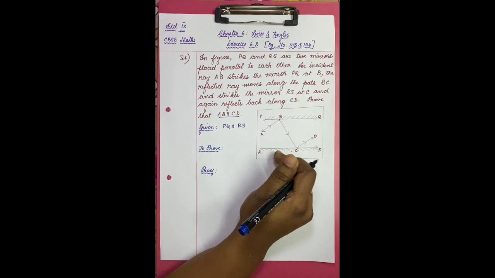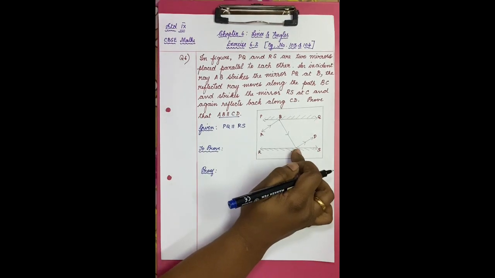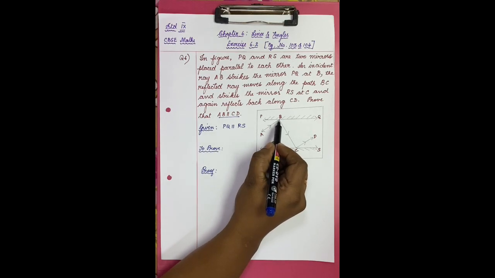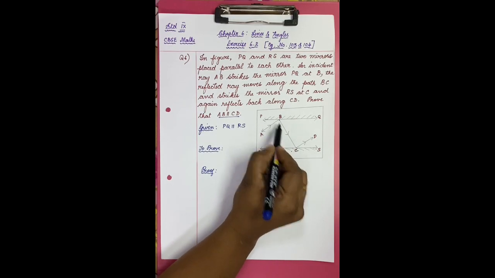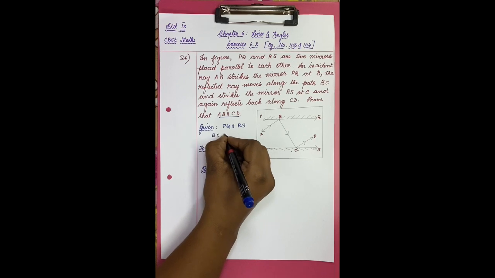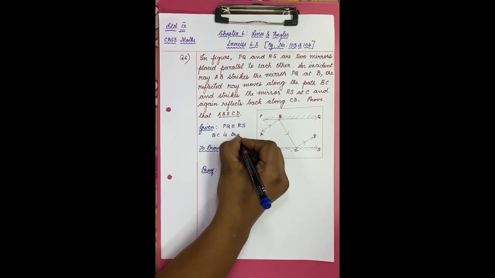These two are very important, the parallel line condition. Then AB is an incident line. All these things we need not write. BC is actually the transversal between the two parallel lines, so we will write that also. BC is a transversal.